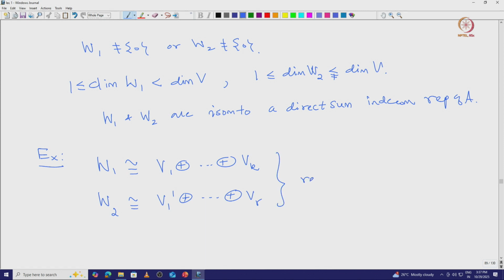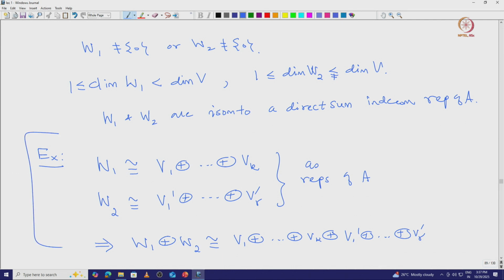So, if this is true as representations of capital A, then from this we can conclude that W1 direct sum W2 must be isomorphic to the direct sum of the respective copies V1 direct sum Vk and then direct sum V1 dash direct sum etcetera direct sum Vr dash. So, from this exercise it is very clear that V must be isomorphic to the direct sum of Vi's and Vj dash.